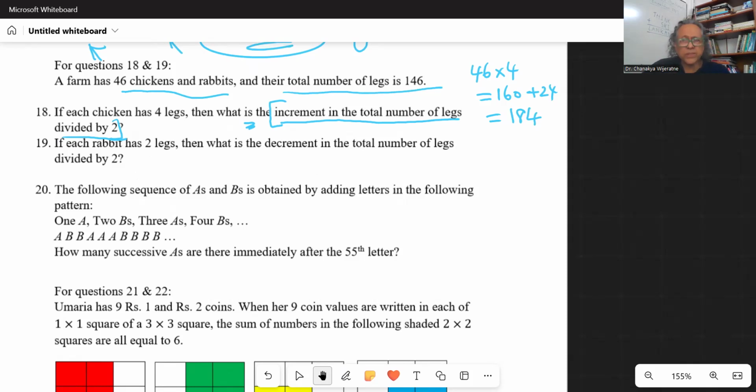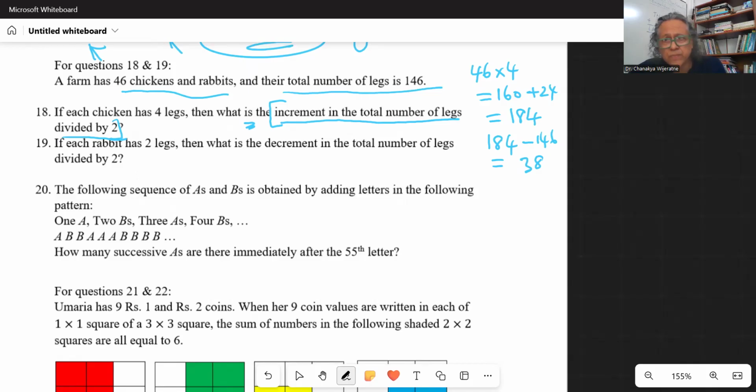And what's the increment in the total number of legs? It is 184 minus 146. That is 8, and then 7 minus 4, take away 4 from 7, that is 3. So it is 38.